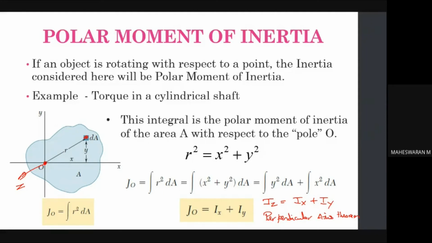The perpendicular axis theorem states that the moment of inertia with respect to z-axis is the summation of the moment of inertia with respect to x-axis and the moment of inertia with respect to y-axis. I will repeat it. Addition of Ix plus Iy.